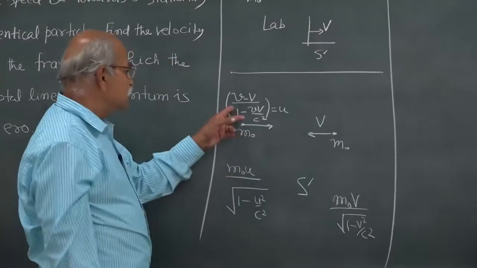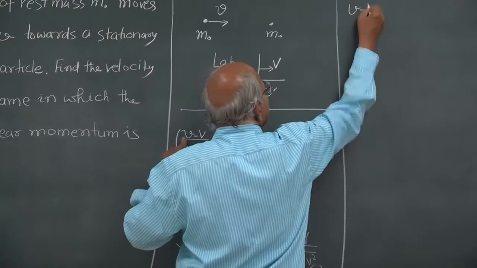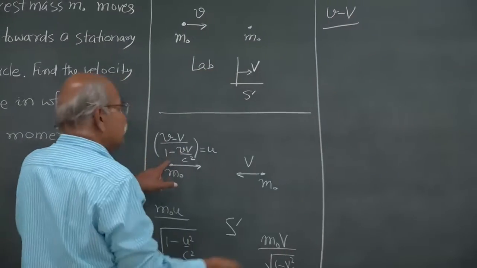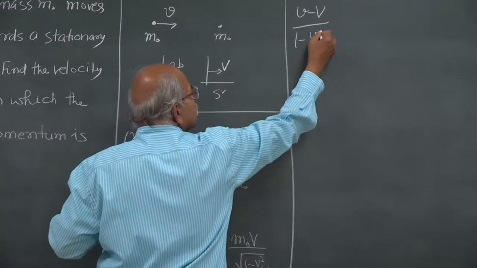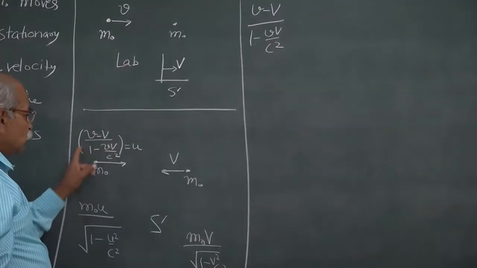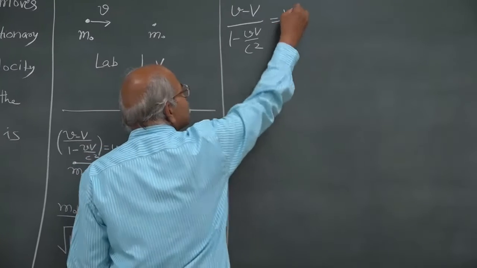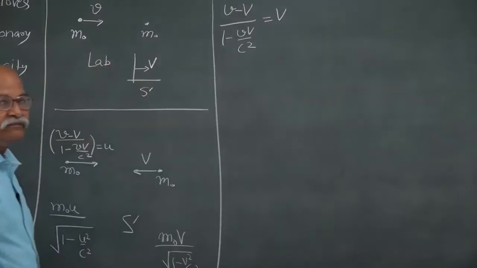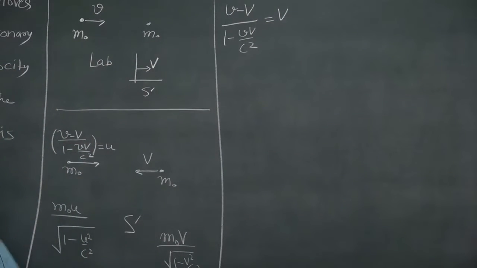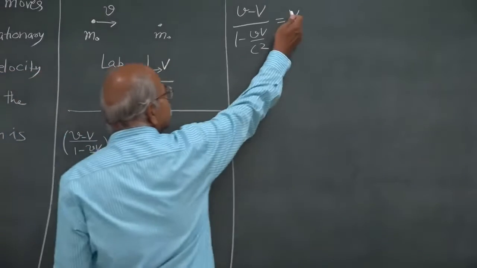So, our equation is this: small v minus capital V divided by 1 minus small v capital V by c square, that is this quantity, and this should be equal to capital V. So, we can obtain capital V from here, but it is a quadratic equation, as you can see.